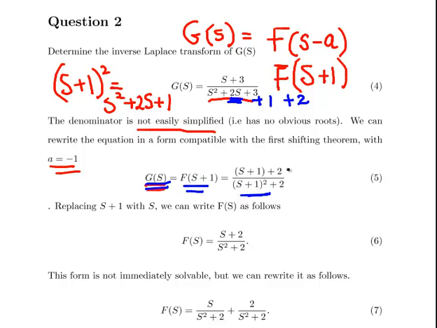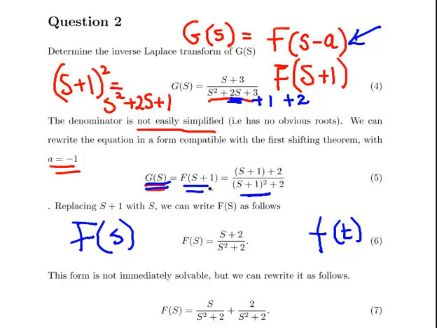Now, the method in my madness: if you go back and look at the Laplace transform tables, you see where I'm going with this. I have f of s plus 1, but I want to find f of s. And this is because I want to find f of t shortly.